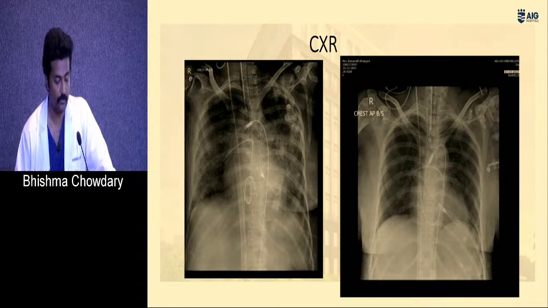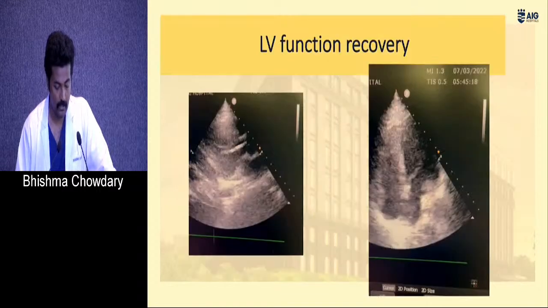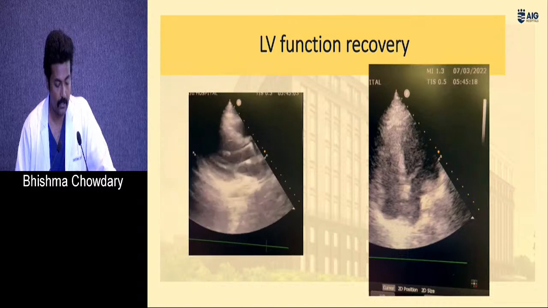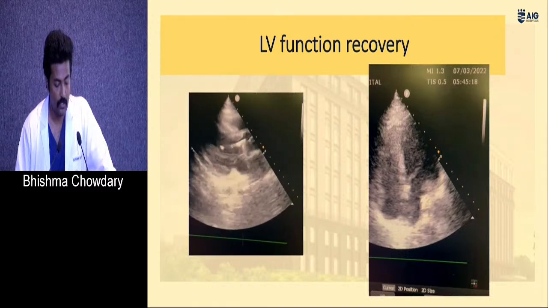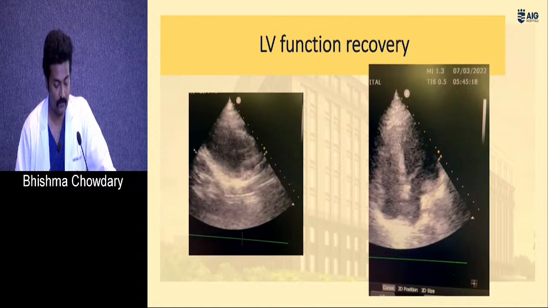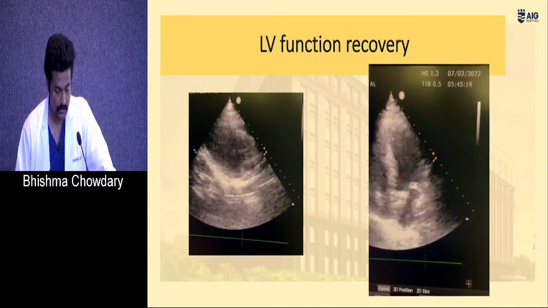Over the next few days you could see a drastic improvement in the chest X-rays, where the pulmonary congestion has totally disappeared. You can see the LV recovery; the LV bounced back and has almost come back to normal. The LV started to show drastic improvement after 5 days. You can see the LV here.